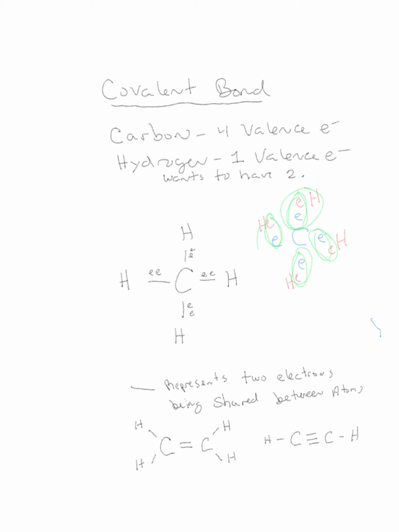And then the line that you'll see between the bonding elements, each line represents a pair of valence electrons being shared. So if you look at this here, these 2 carbons, there's 2 lines between them. That means there's 4 valence electrons being shared between those carbon atoms. These 3 lines here mean there's 6 valence electrons.